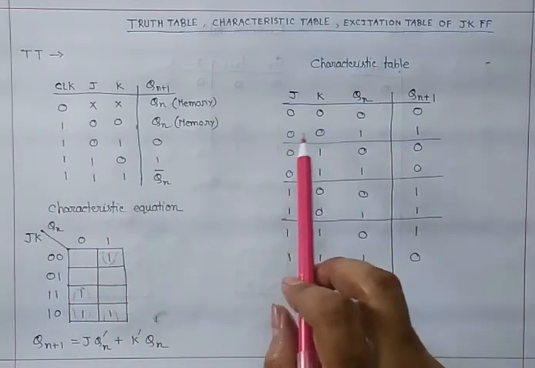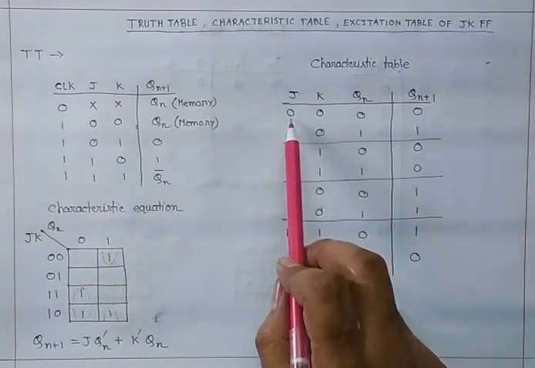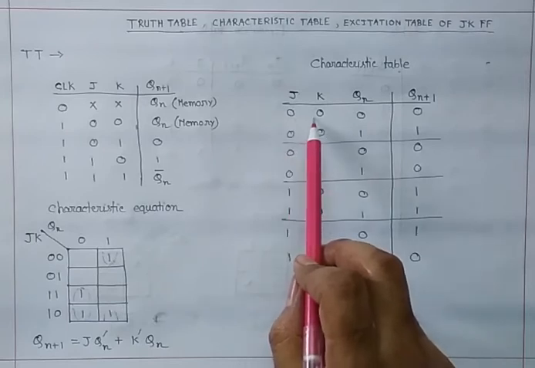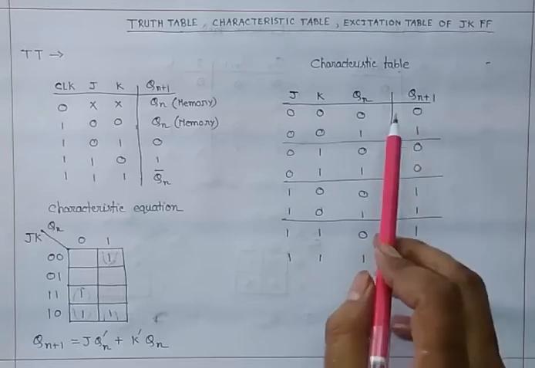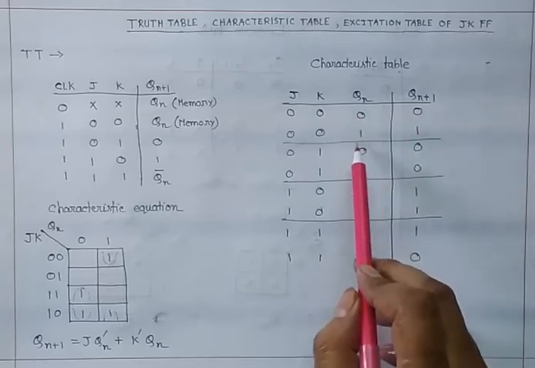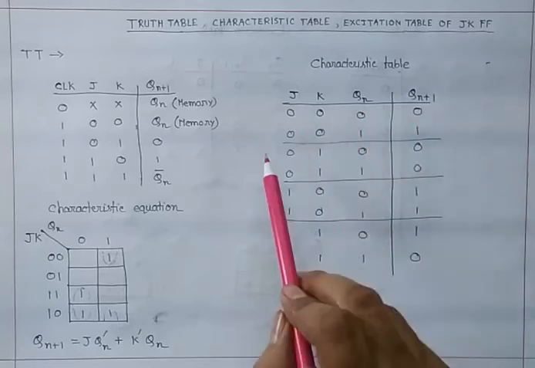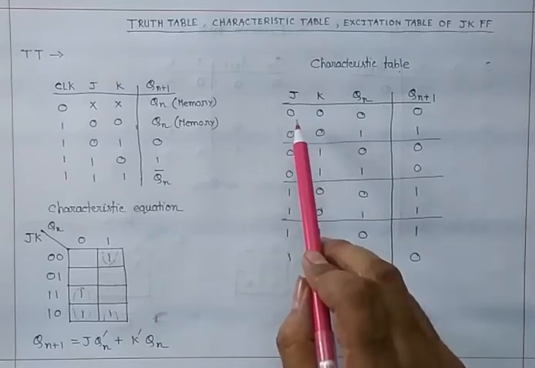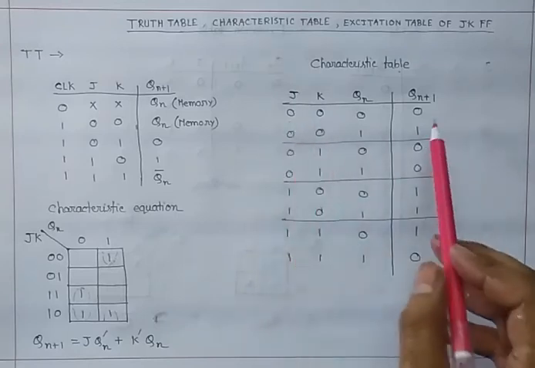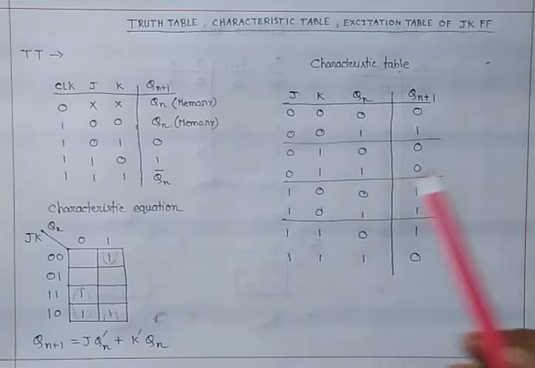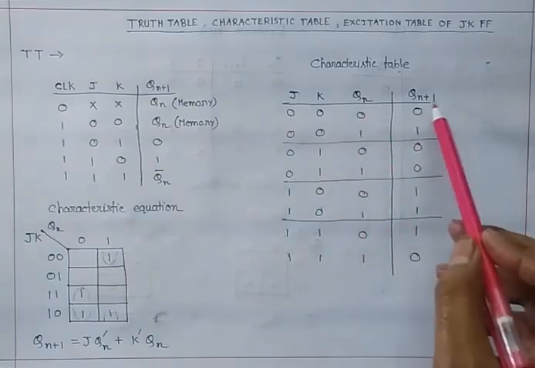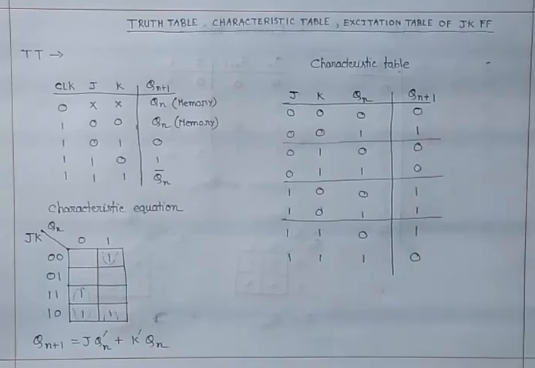That's why for the input pattern 0 0, Qn plus 1 will hold the previous data, these two data 0 1. So for input pattern 0 0, the output will be 0 1, same as Qn. Qn was 0 1 and Qn plus 1 is also 0 1.